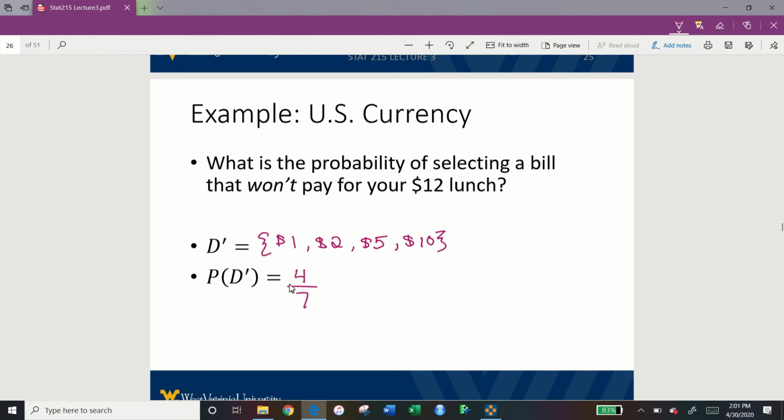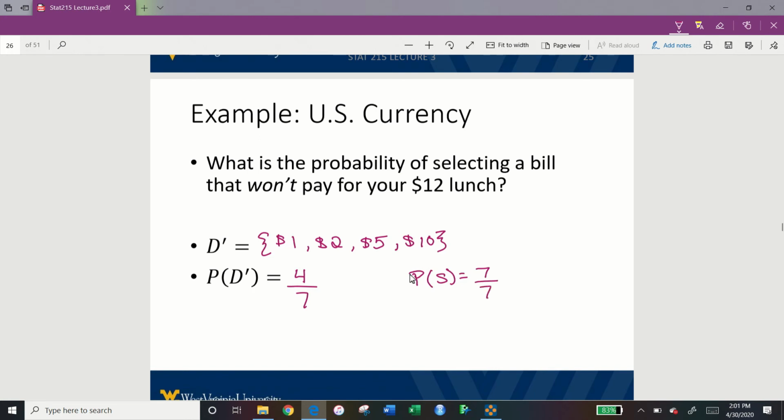Another way to have gotten this would have been using the rule of the complement, which we haven't discussed formally, but I feel now is an appropriate time to bring it up. We know the probability of something being in our sample space is equivalent to 1, meaning the probability of our sample space is 7 out of 7.